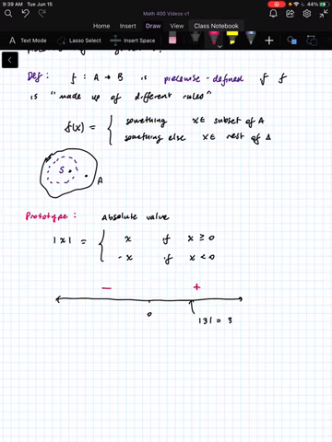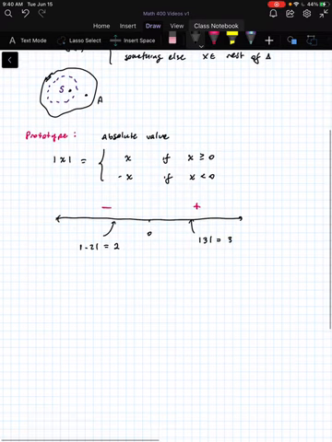On the other hand, on the negative side, so left of 0, say -2, the absolute value of -2 is just 2. So we take its opposite sign. But every allowable x value, which is all real numbers, has one and only one y value associated to it. So it's still well defined.